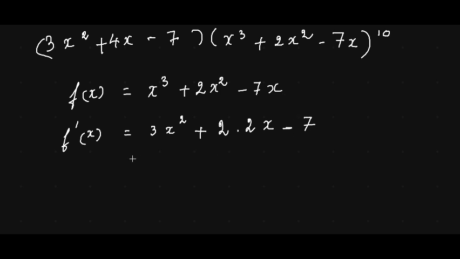Okay, so basically what you established is that your f prime is actually 3x squared plus 4x minus 7, which if you see is the same as that.